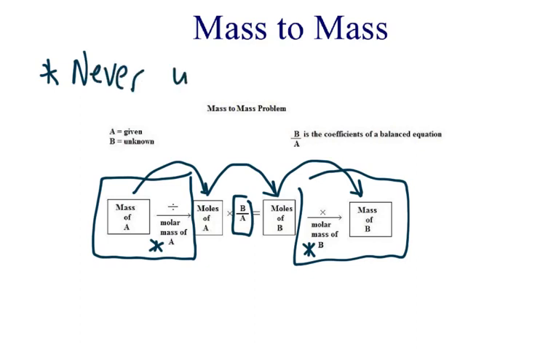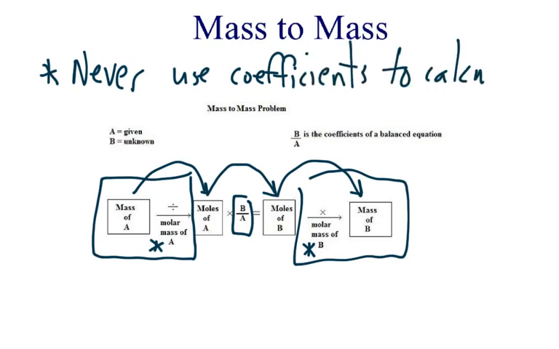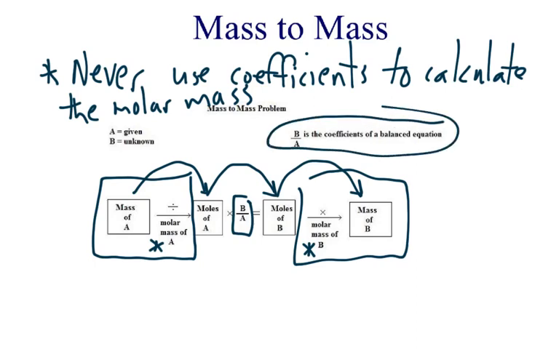Never use coefficients to calculate the molar mass. This is extremely important. The only time that you use coefficients is for the mole ratio. So whenever you're being asked to find the molar mass, ignore the coefficient.